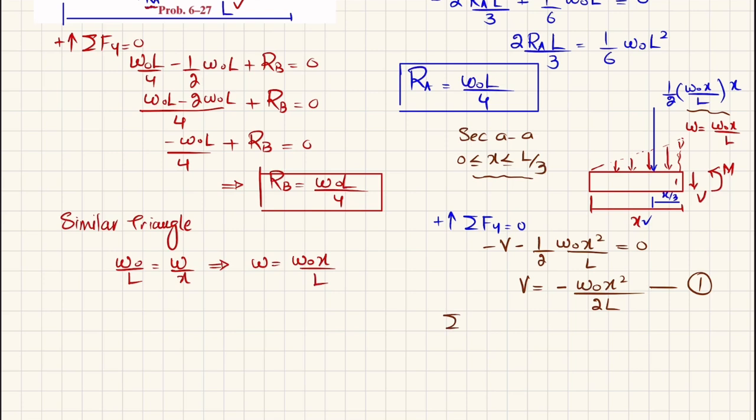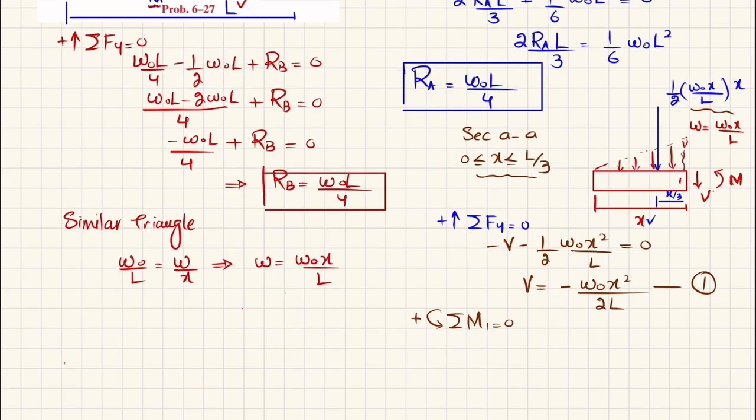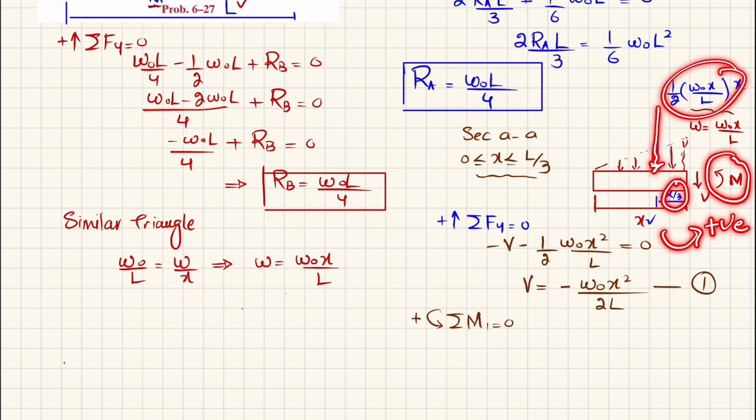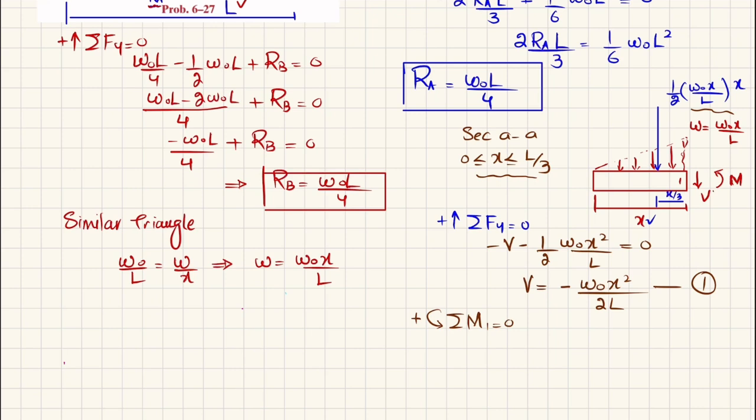Now we'll find this moment by using the equation of equilibrium that the sum of all moments about point 1 is equal to 0, taking counterclockwise moment as positive. So about point 1, the first moment is due to this load and the perpendicular distance is x by 3. This is counterclockwise, so it will be positive, and there is an external reaction moment which is counterclockwise, so it will also be positive, and their sum must be equal to 0. So I will write M plus 1 over 2 into W naught X square over L, which is the load, and the perpendicular distance is x by 3, is equal to 0.